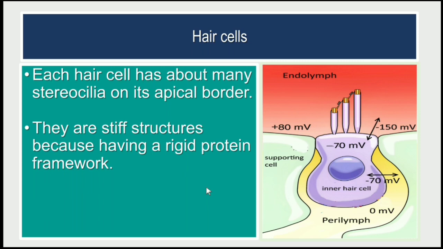Now if you see a single hair cell in this slide, you are able to see that this single hair cell has hair-like projections coming out from the cell, and these are called stereocilia, progressively increasing in length.